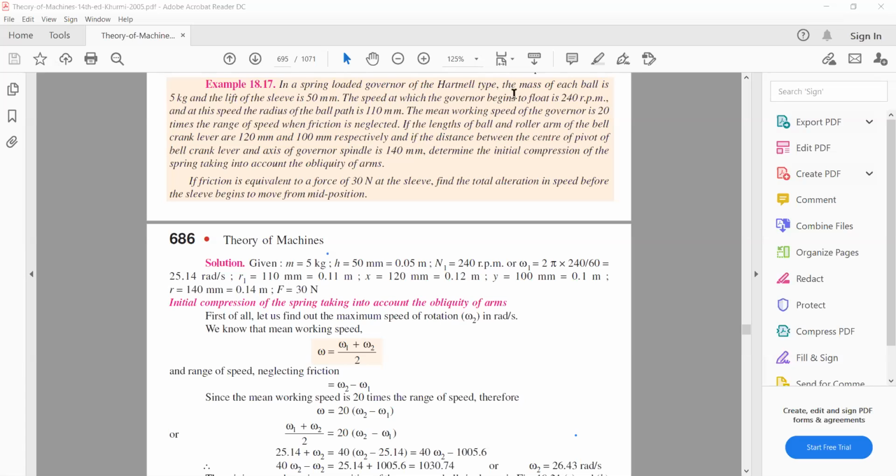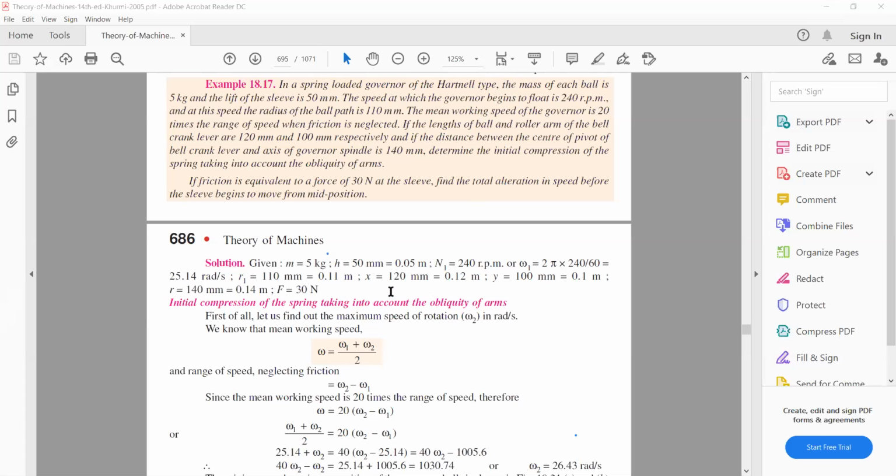When we know the n1 value, we find omega 1, so 2 pi n1 by 60, and that value will come to 25.14 radian per second. And r1 is 110 mm, also written in meters as 0.11 meters.